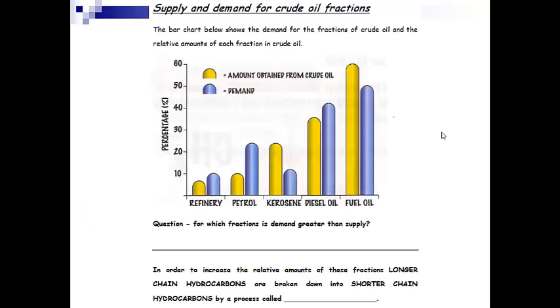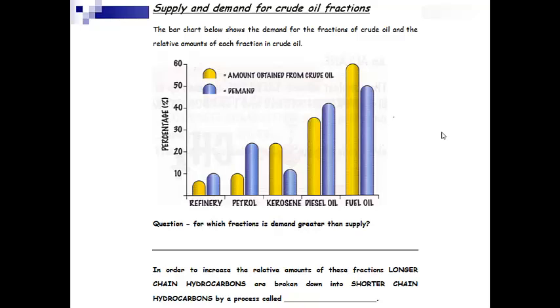This is about the supply and demand for the crude oil. In the yellow you can see the amount we obtain from crude oil, so that's the supply, and the blue is the demand for these. If you look at petrol in the graph, second from the right, you can see that there's a high demand for petrol, but we don't have a lot of it.